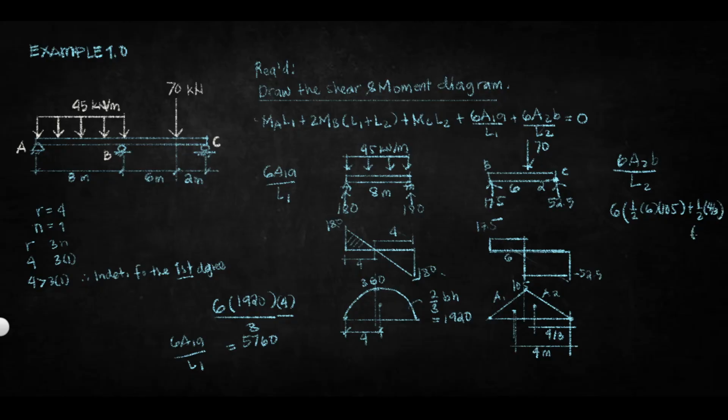Okay, times po natin ng B or ng L over 2. So, ang B po nito is 4 na to. So, 1/2 po base times height.